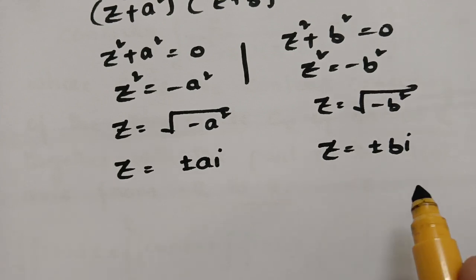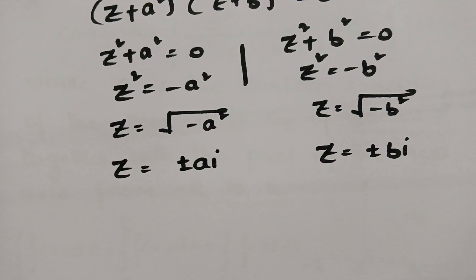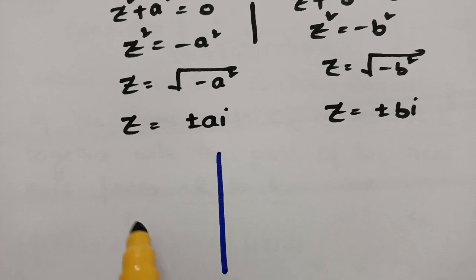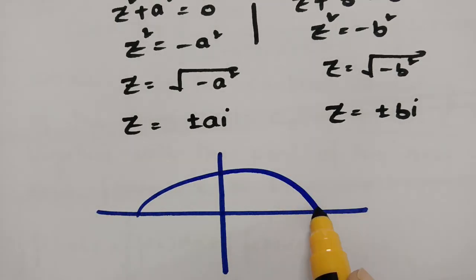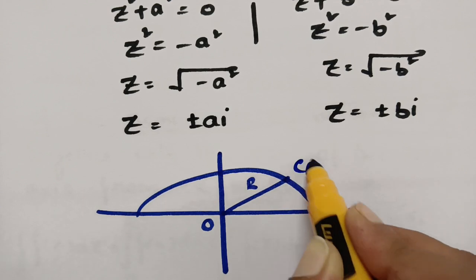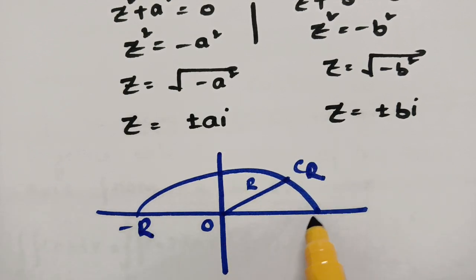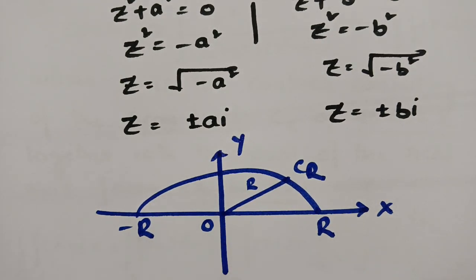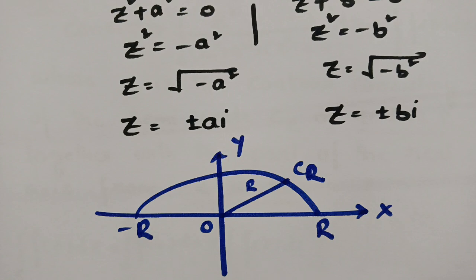We have to check whether these poles are within the contour, on the contour, or outside the contour. The contour is nothing but the semicircle with center 0 and radius r. This is the real axis from minus r to plus r, so this is the x-axis and this is the y-axis, and this is 0. We have to plot this.